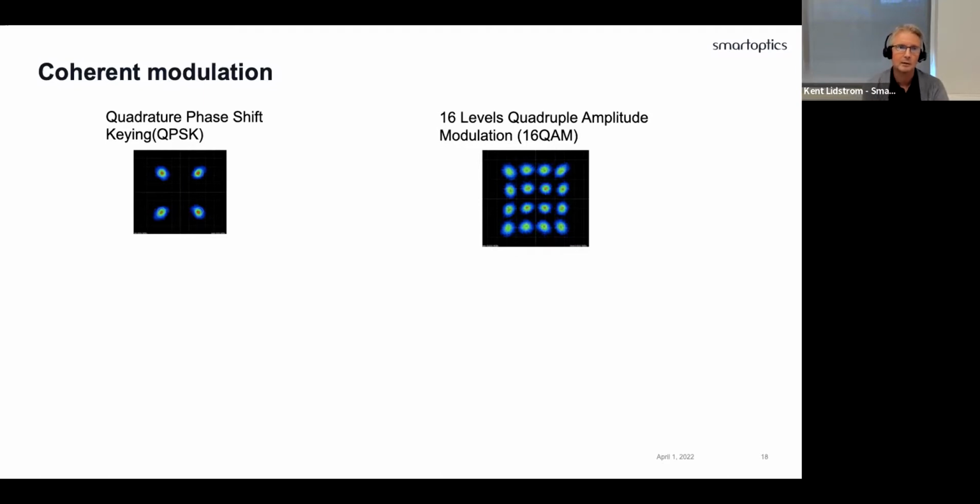But we introduced this into the optical industry maybe 10 years ago with quadrature phase shift keying, QPSK, to start with. So you get 4 symbols per bit, and then 16 QAM came out maybe 5 years ago, but it's recently been launched in the pluggable formats, which is creating a completely new dynamic on the market for how operators build a network.